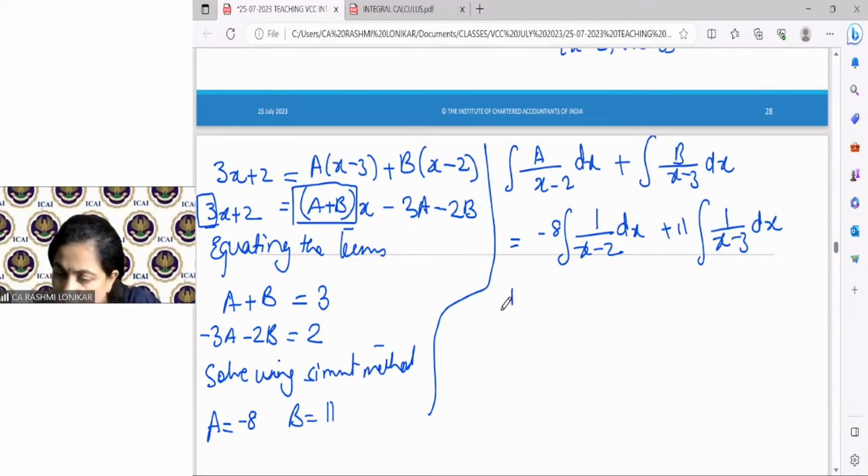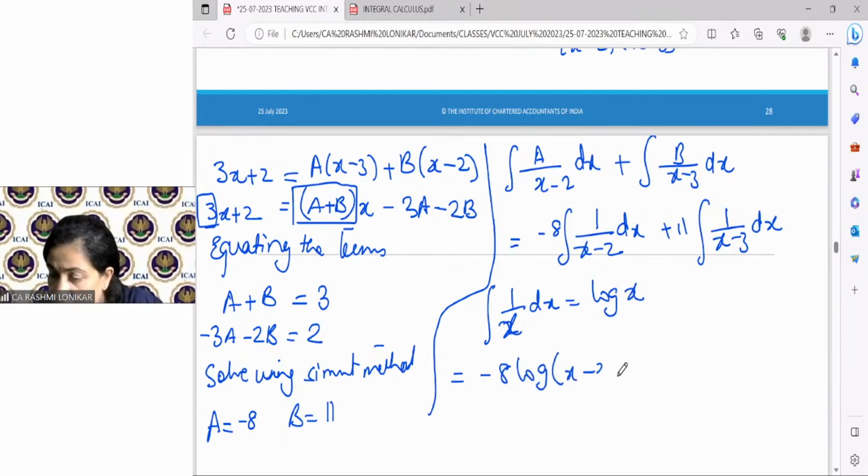Now remember, integral of 1 upon x dx is equal to log x. So this becomes equal to minus 8 log of x minus 2 plus 11 log of x minus 3 plus c.